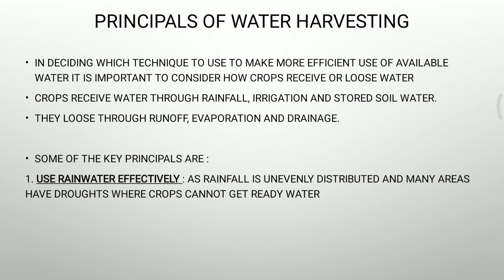Some of the key principles are: use rainwater effectively. So these are the principles. First thing we have to do is use the rainfall very effectively. The rainfall is unevenly distributed in many areas, and they have droughts where there is no sufficient rainfall, like Rajasthan, where the crops cannot readily get the water.